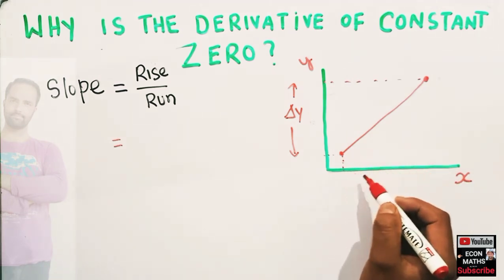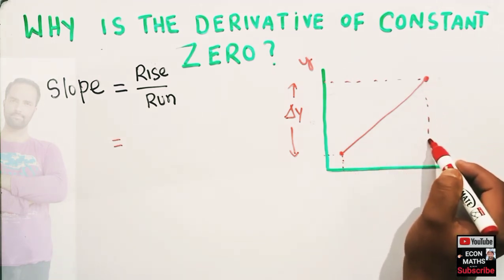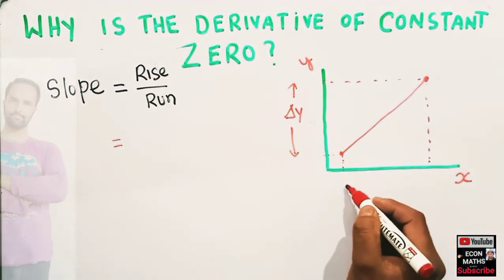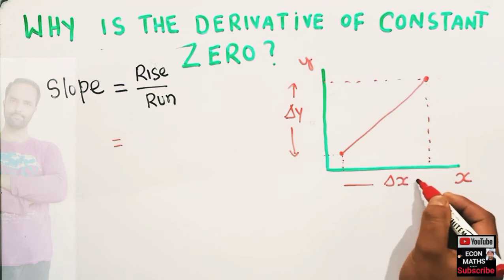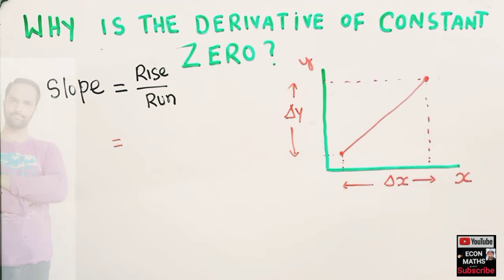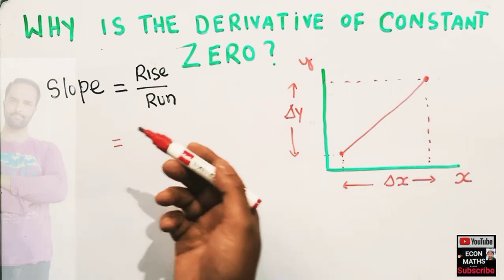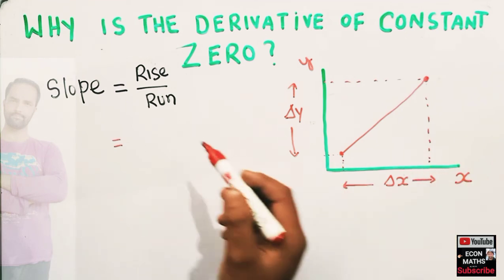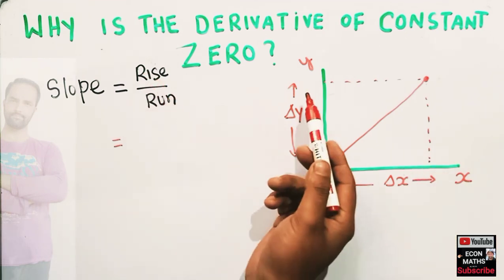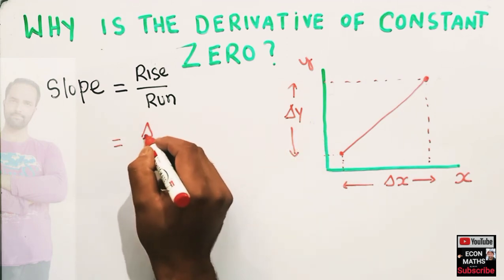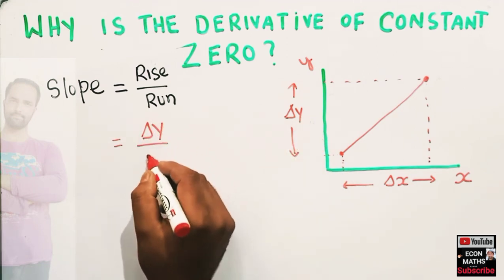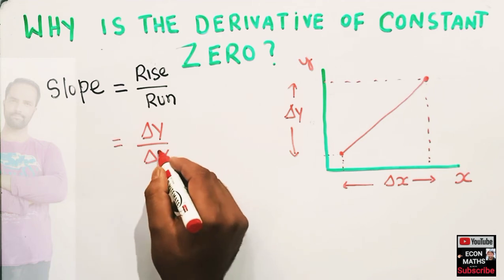So horizontally we are at this point, and this distance is denoted by, let us say, del x. This is the basic notation of the slope. Slope is simply rise upon run, that means change in y upon change in x.